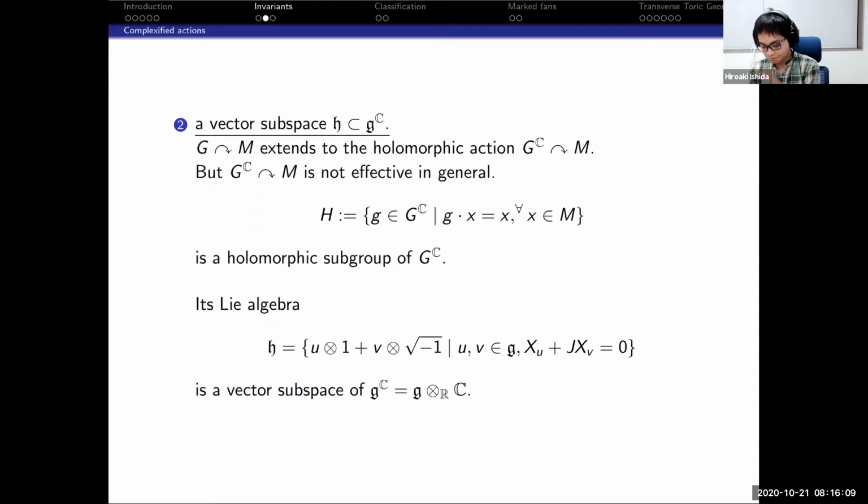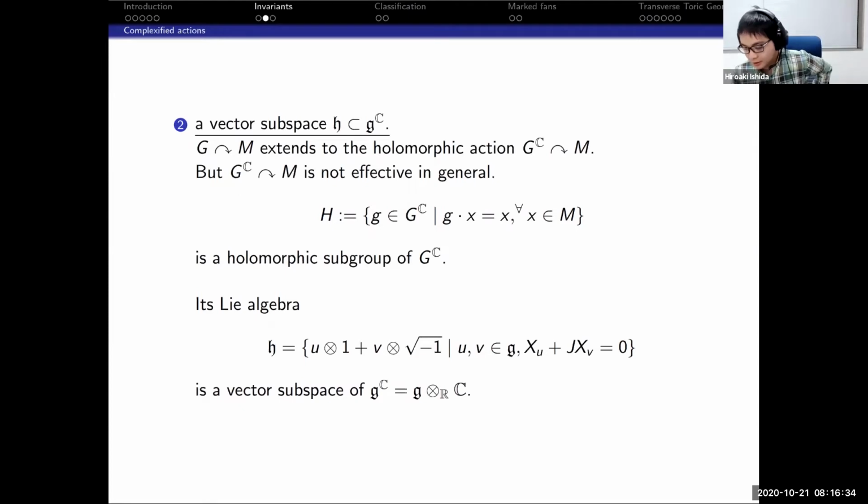But this complexified action is not effective in general. Namely, the global stabilizer could be non-trivial.